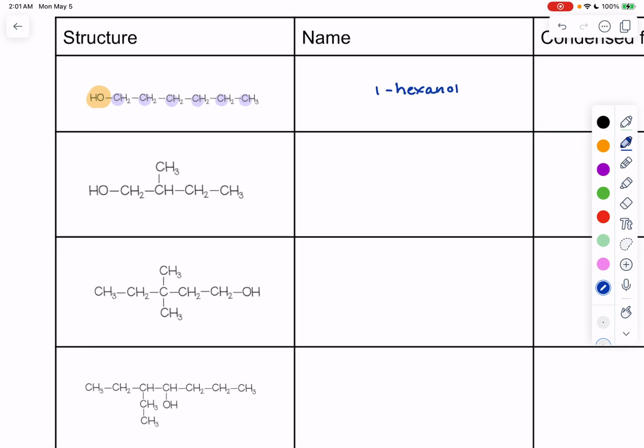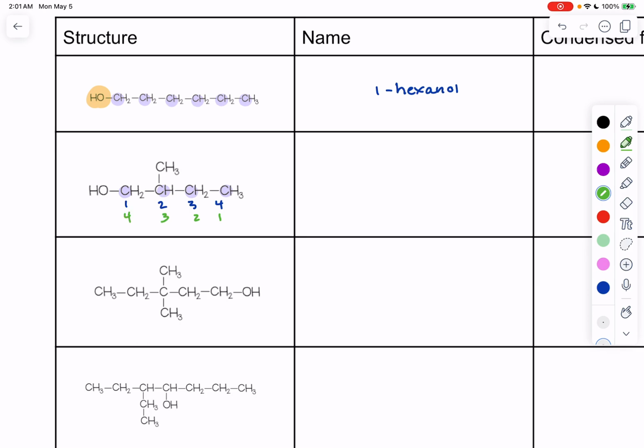Okay, next one. Now we're getting some branches on here. So if you look at this one, let's count the long chain. We have 1, 2, 3, 4. No matter how we go, it's 1, 2, 3, 4. Now I am going to number it both ways. Or should we number it this way?